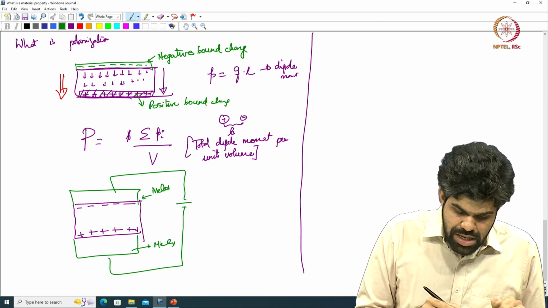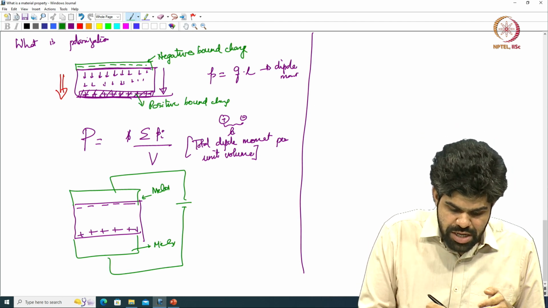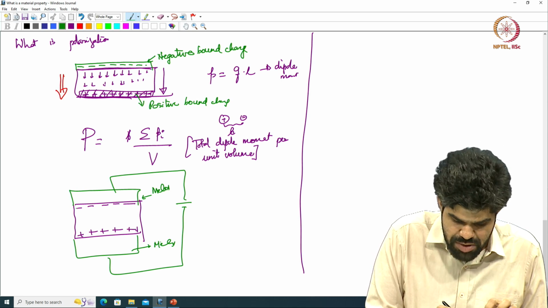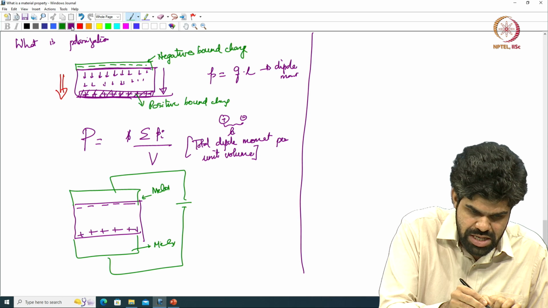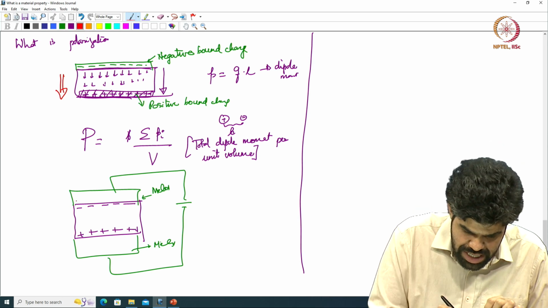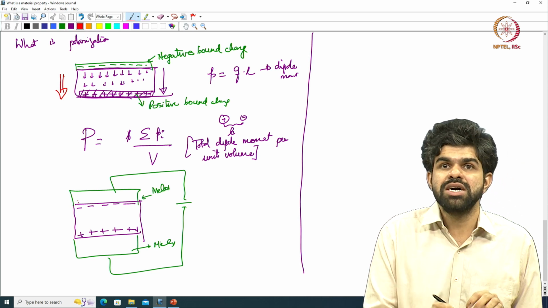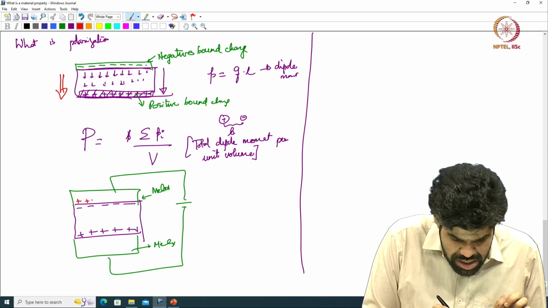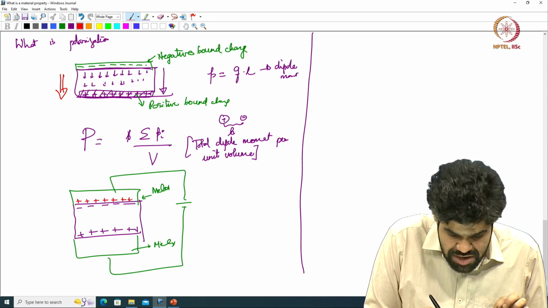Because of these negative bound charges on the metal, to compensate for these charges so that there is no net electric field, the metal starts to induce some sort of positive charge.